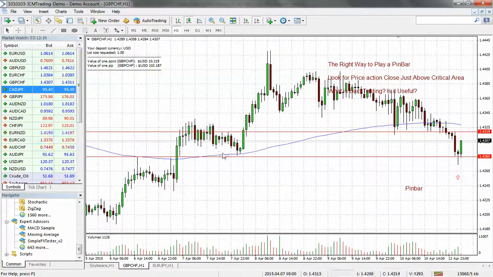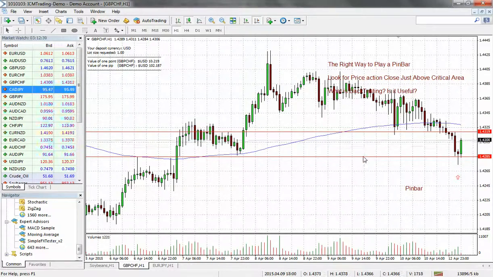Now this pin bar closed just above this zone. You see that? If the pin bar would have closed in the middle of this zone, this would not have been a good trade. Why? Why wouldn't it have been a good trade if this pin bar were in the middle of this zone? Because usually price likes to go back and touch the critical zone it just left.